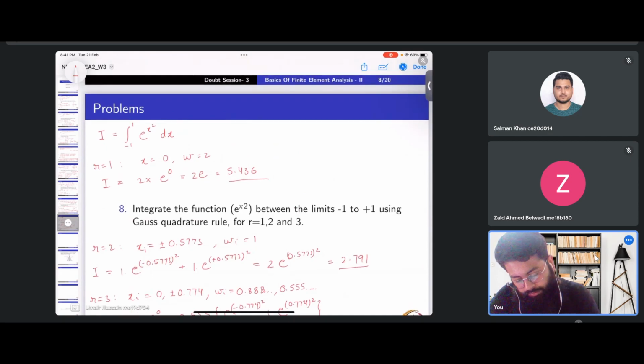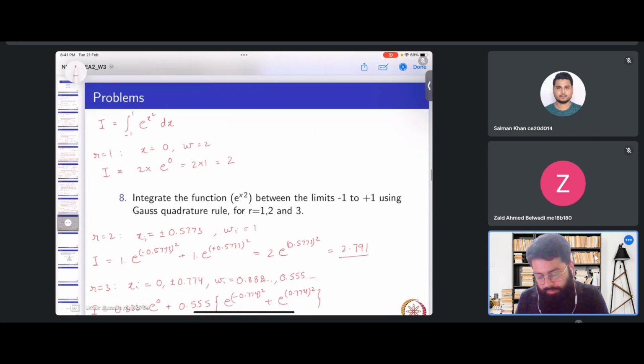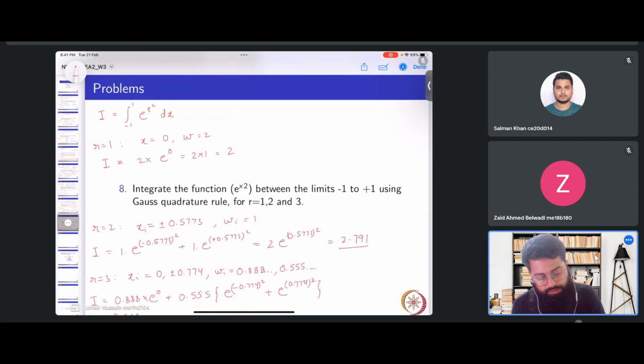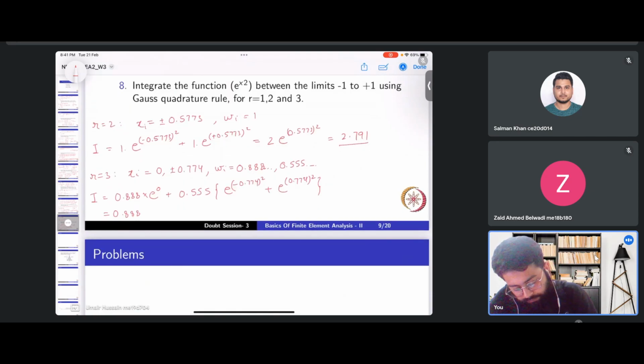It's not 2, e to the power 0 becomes 1, right? Yeah. So I expect you guys to correct me if I make any mistake. So with 1 point we get the value 2, and with 2 points we get 2.791. Okay, again we have 0.888 times 1 plus 0.555 times 2 times e to the power 0.774 square.